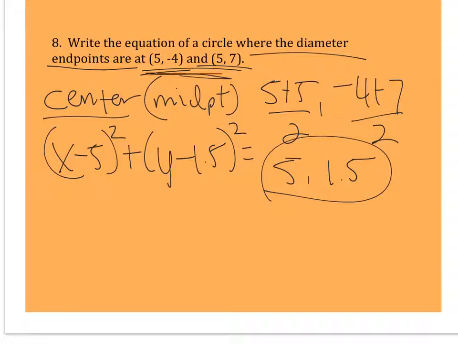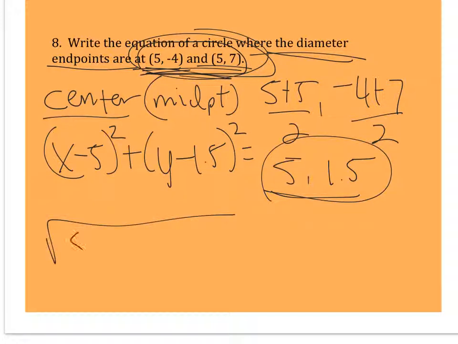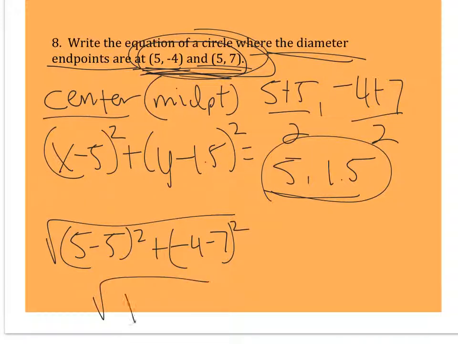Now I can do it a couple different ways. I can take my midpoint and take a point and figure out the distance, or I can take the distance between these two and just divide it by 2. So I'll just do that. 5 minus 5 becomes 0 squared plus -4 minus 7 squared. That's going to give me square root of 121 because this is just 0. This is really -11.